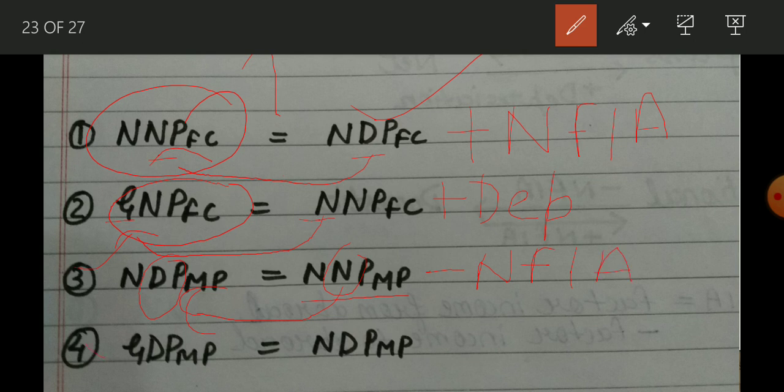Okay, the next one, NDP MP is given, you have to find out GDP MP. So what is the difference here? Here is net, here is gross. So we will add depreciation.